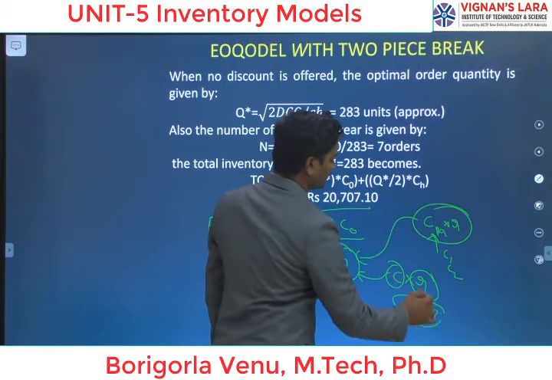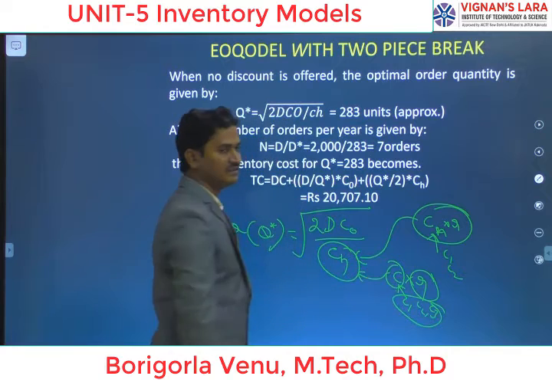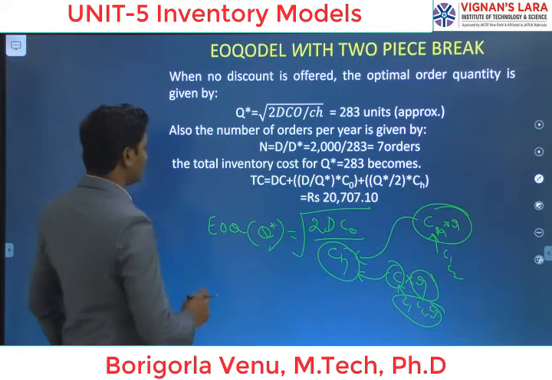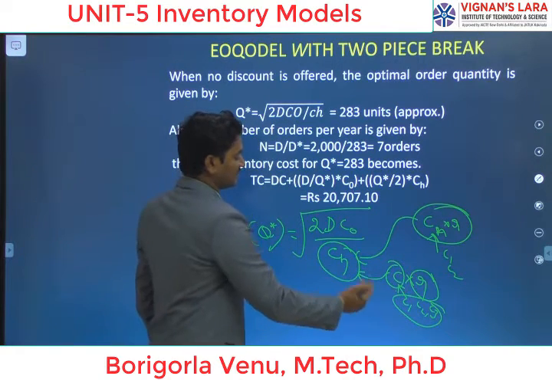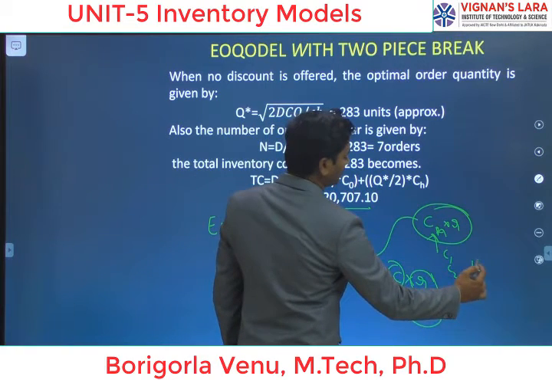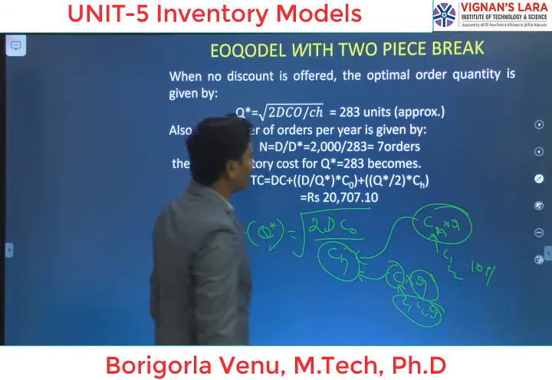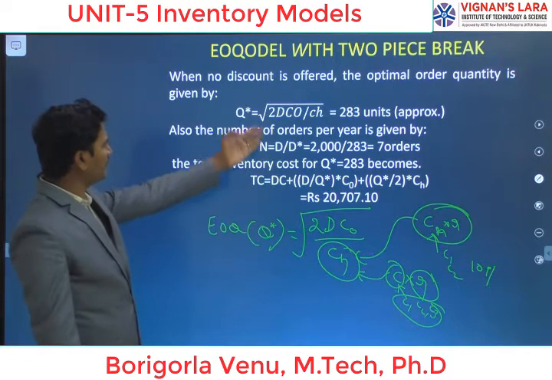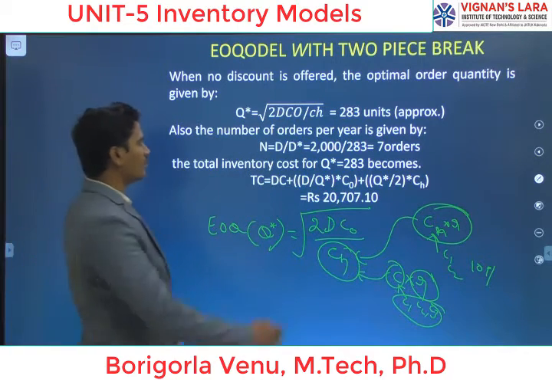So as for this we are going to take the C value, which is already given in our problem. That's the reason I am going to take CH equal to C into R. The C value given is 10 rupees. From this we are going to calculate the Q value, that is the economic order quantity.